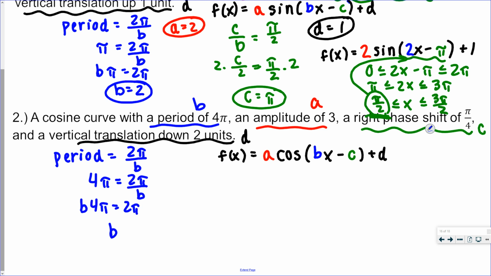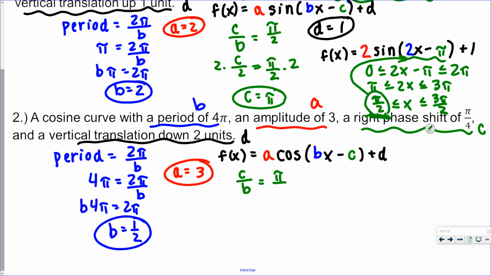B is 1/2, which makes sense because we knew that the stretch factor in this case should be a number that's smaller than 1. All right, so B is 1/2. A is what? 3. Love that one. Easy. My phase shift, I'm going to have to factor in B, is pi over 4.